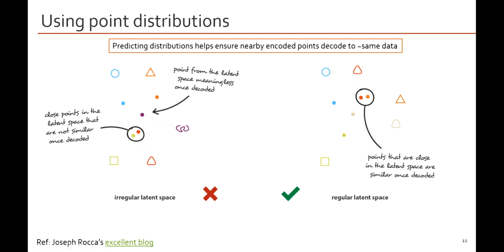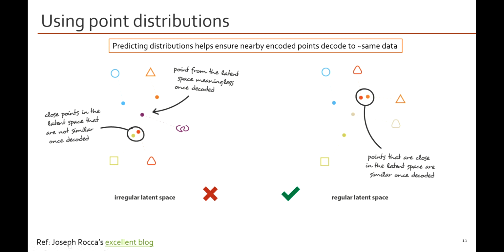Say I can randomly displace from this point according to that distribution I've now learned, and that must also decode back to a triangle. And this has the effect of ensuring that points that are in nearby space decode to similar structures.